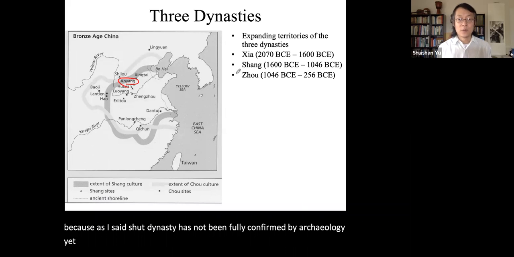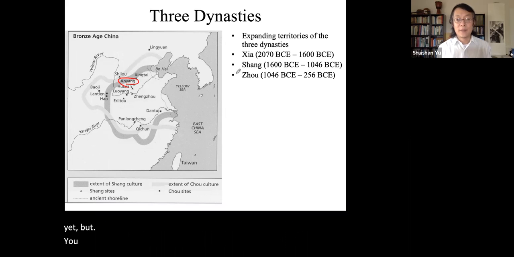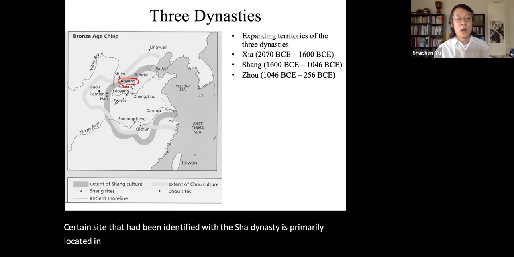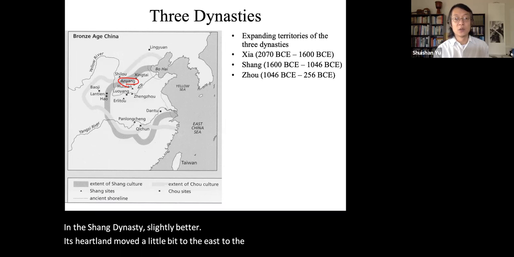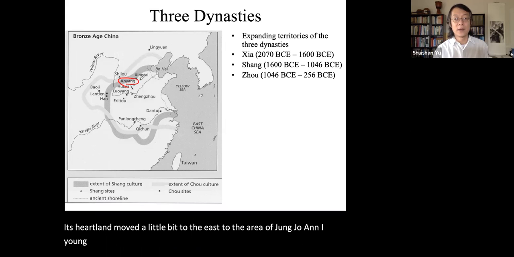But you know, certain sites that had been identified with the Xia Dynasty are primarily located in the western part of the Chinese heartland, in Shanxi province, for example, and also in Henan province, so in this area. And the Shang Dynasty, we know slightly better. Its heartland moved a little bit to the east, to the area of Zhengzhou and Anyang, to this area.